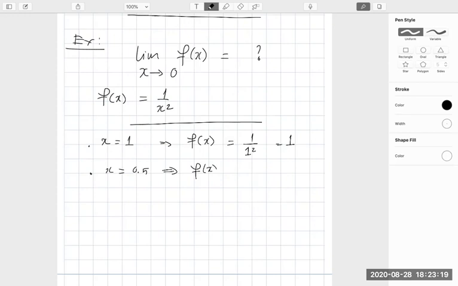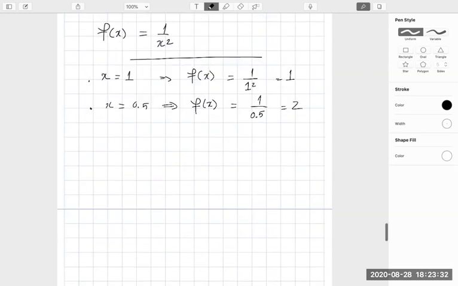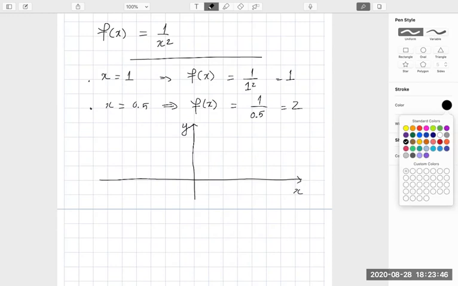Then f of x will be 1 over 0.5, right? Which gives us 2. Do it similarly. We know that the graph of this function should be like this.